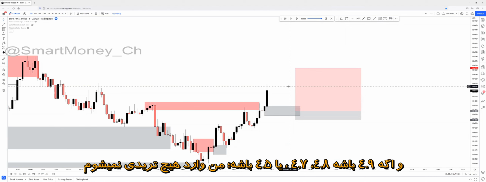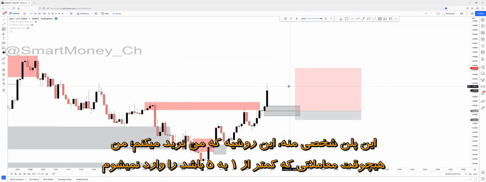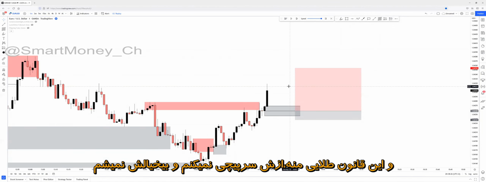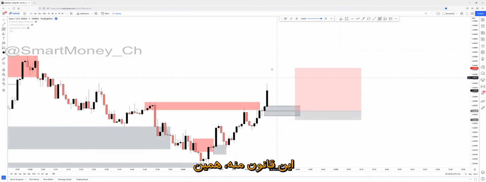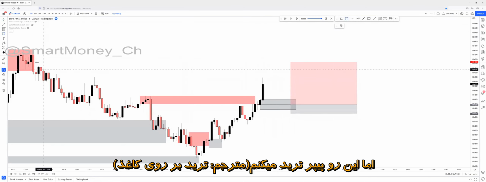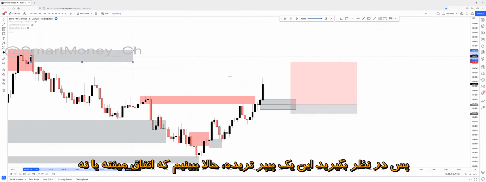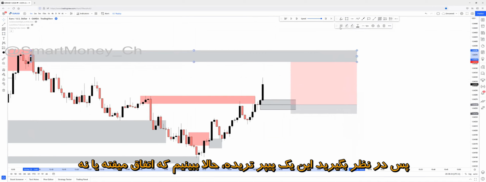If it's 4.8, 4.9, 4.7, 4.5, I won't enter a trade. This is my personal plan. This is how I trade. I never enter a position below 1 to 5 risk-reward ratio, and this is my golden rule. I won't skip it, I won't leave it. It's my rule. That's it. But I will paper trade it. So let's just consider this as a paper trade. Let's see if it plays out.